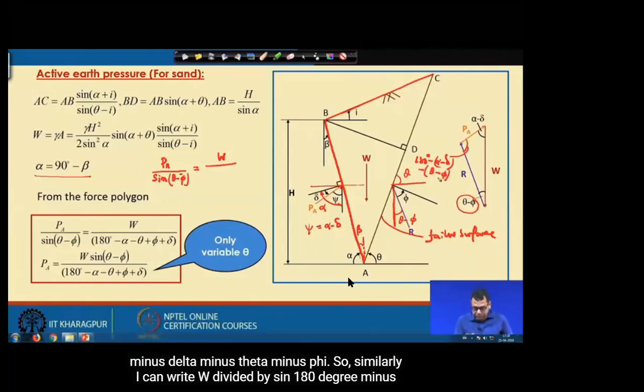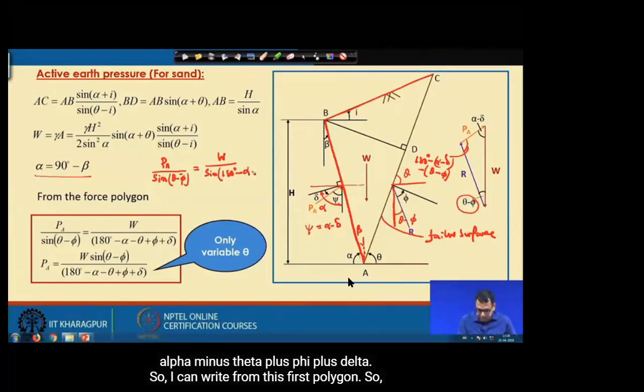Similarly, I can write W divided by sine of 180 degrees minus alpha minus theta plus phi plus delta. So I can write this from the first polygon.